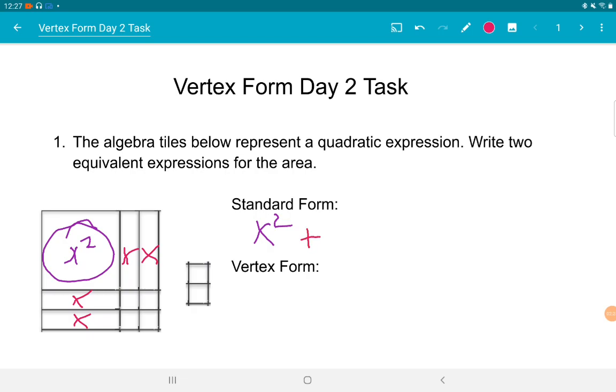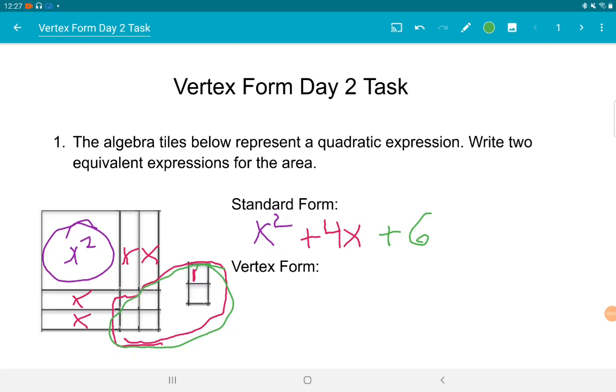So how many x's do we have? We're going to have 4x. And then the number at the end comes from these little ones over here, which each have an area of 1. So there's 1, 2, 3, 4, 5, 6. So there's going to be 6. Okay, so 6 little ones, and that's my standard form, x squared plus 4x plus 6, okay?